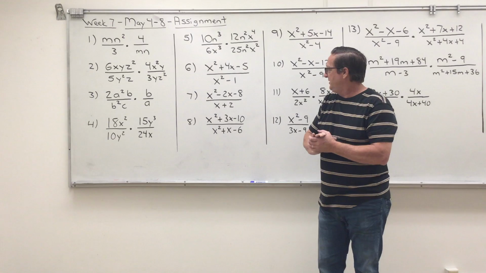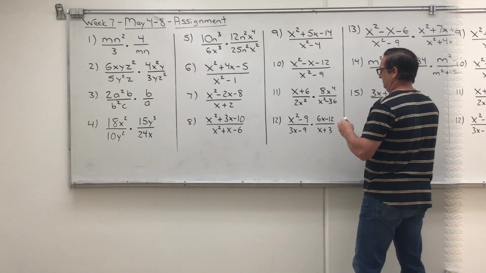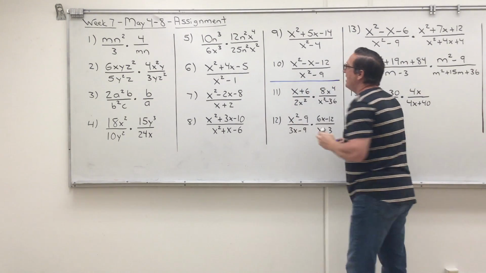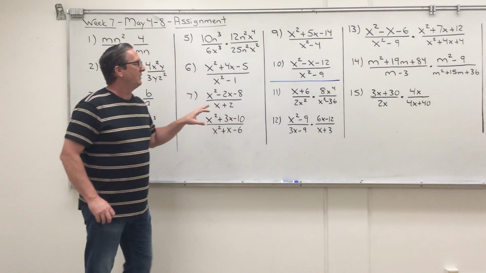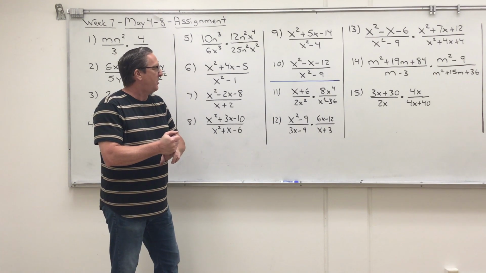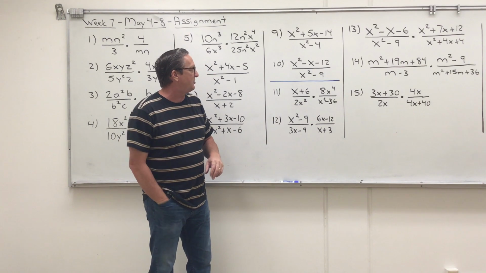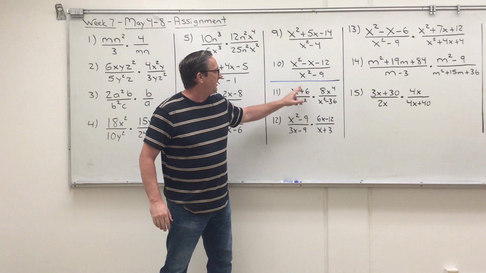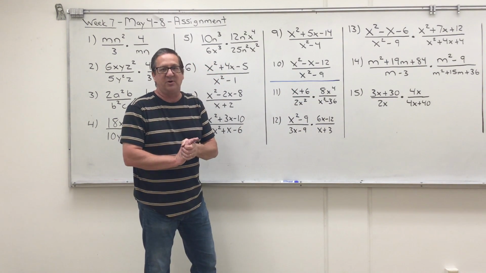This is our assignment, and right now, I've taken you through problems 1 through 10. Okay? So parts 1 and 2 cover 1 through 10. Part 3, notice that we're going to be multiplying rational expressions, and we have a combination of monomials, we got binomials to factor, and so this is what we're going to do in part 3.